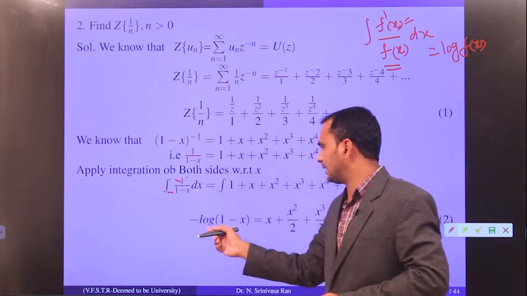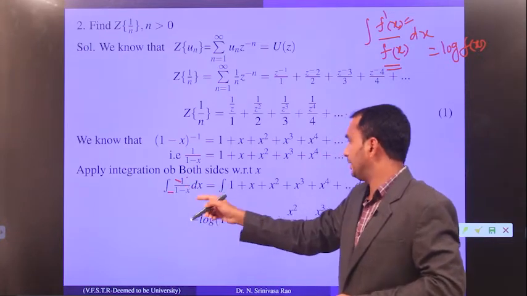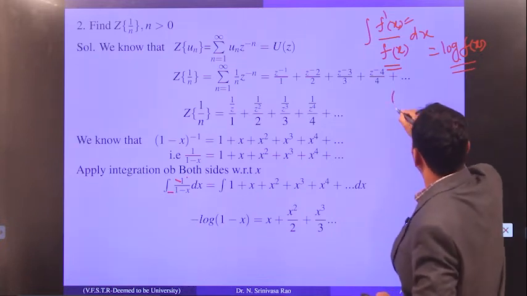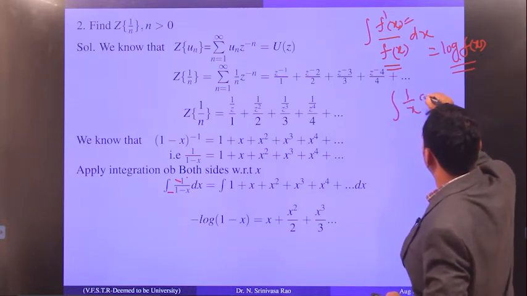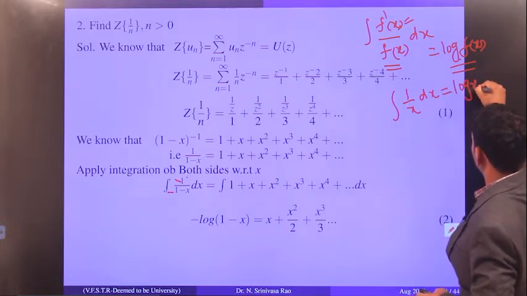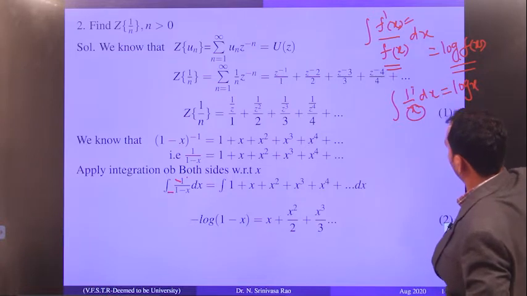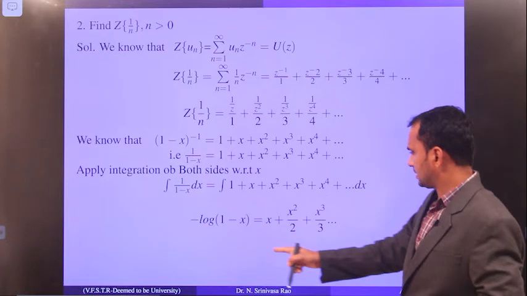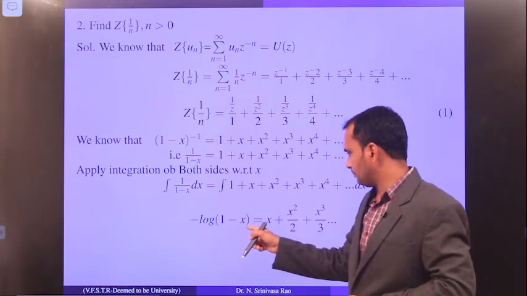Therefore you will get minus of f dash of x by f of x, that is minus log f of x. For example, the integral of 1 by x dx is log x, because the derivative of x is 1 in the numerator. So what you will get is minus log of 1 minus x.